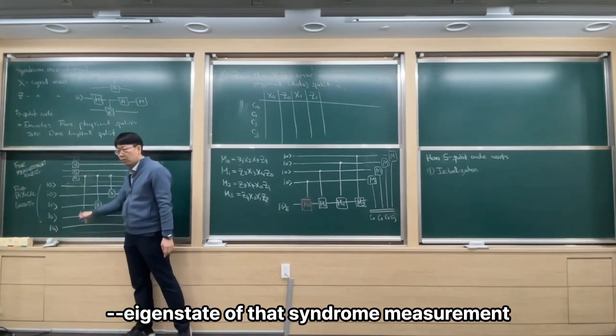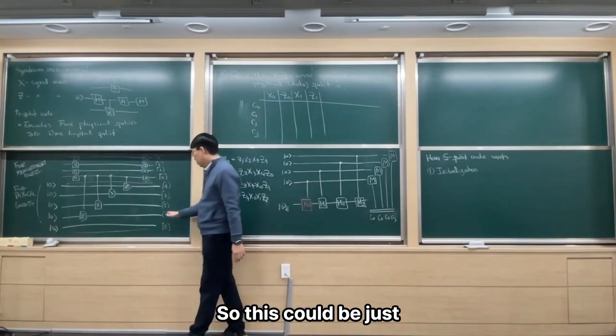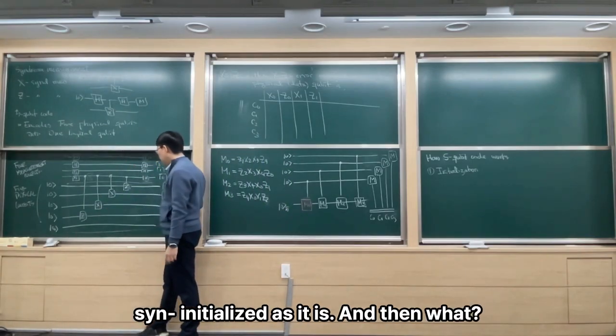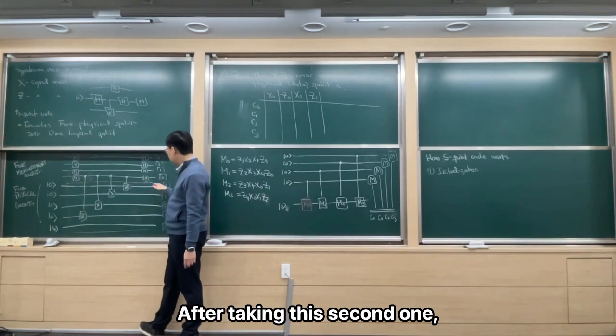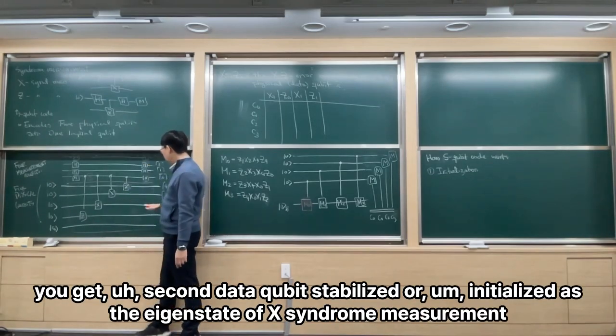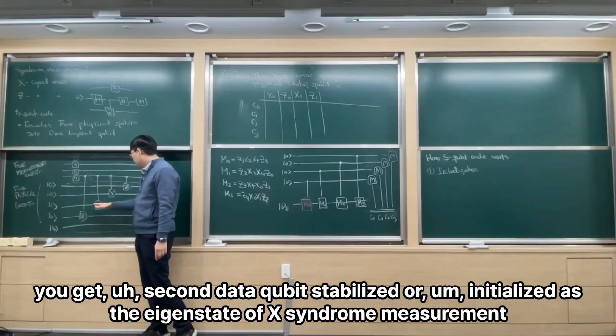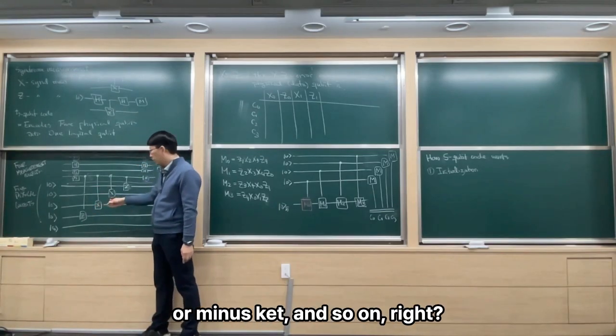The eigenstate is either 0 ket or 1 ket, so this could just be initialized as it is. Then after taking the second one, you get the second data qubit stabilized as the eigenstate of the X syndrome measurement, which is plus ket or minus ket, and so on.